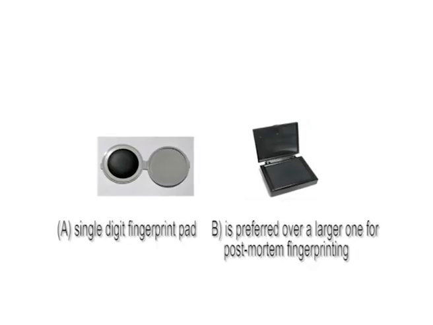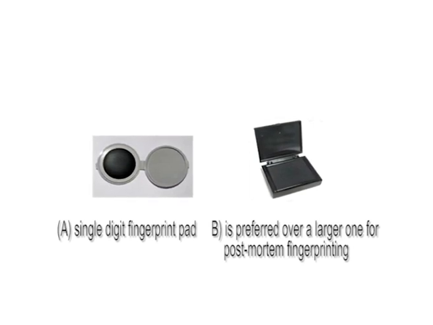In ante-mortem fingerprint recording, the finger is rolled over the pad, whereas in case of post-mortem fingerprinting, it is the pad which is rolled over the finger. For this purpose, it is more convenient to use a single digit fingerprint pad rather than a large conventional one, which is shown on your screen.